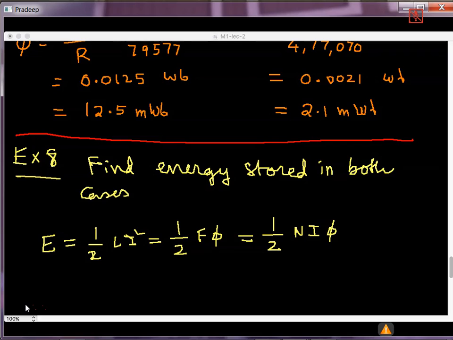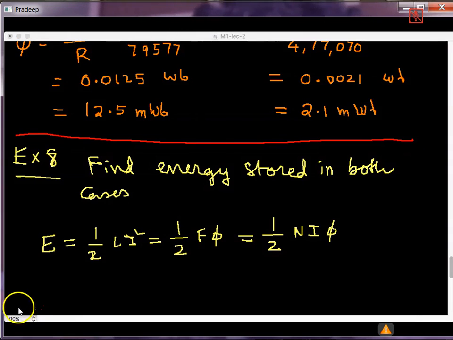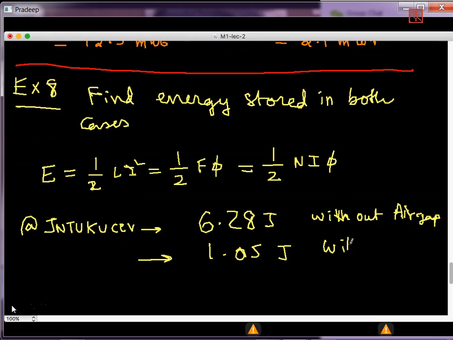So what is the energy stored in both cases? With air gap.